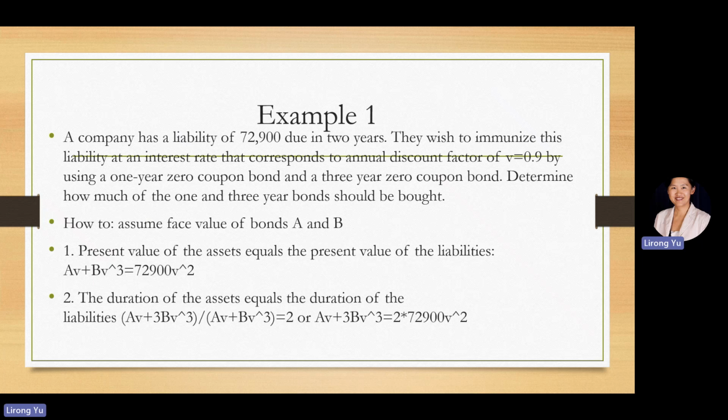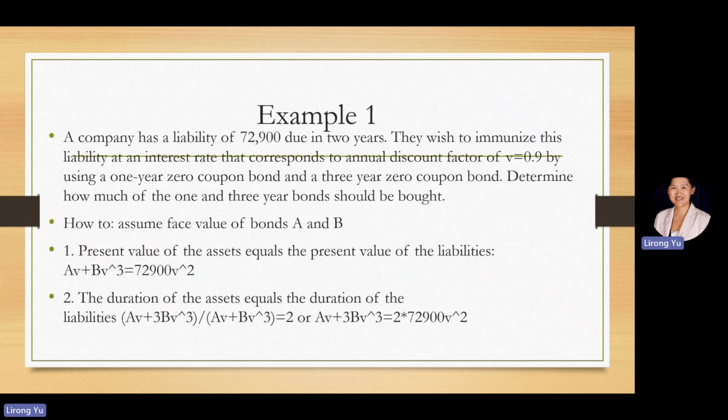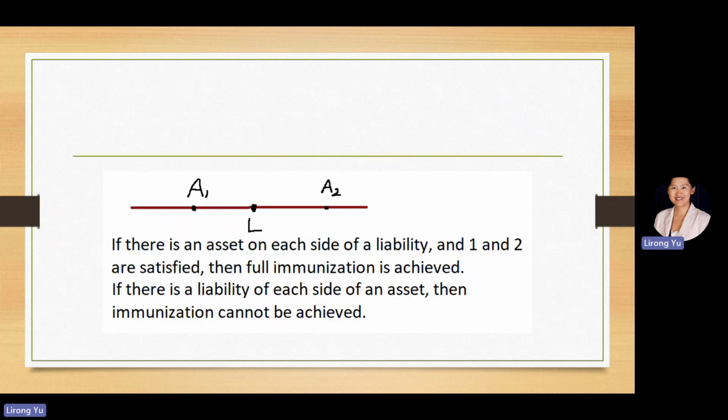With these two, we are able to solve for A and B. That is the idea in this question. All right. So if there is an asset on each side of the liability and 1 and 2 are satisfied, full immunization is achieved. In this question, we have 1 and 2. If we satisfy equal present value and equal duration, we call that full immunization.